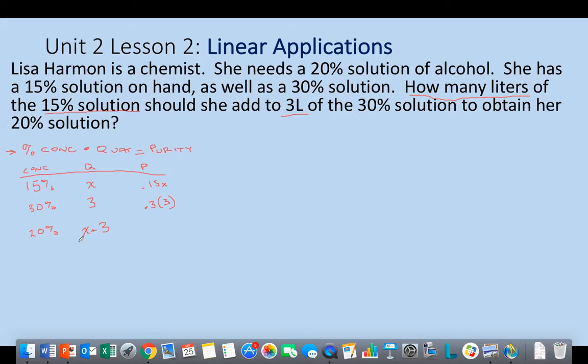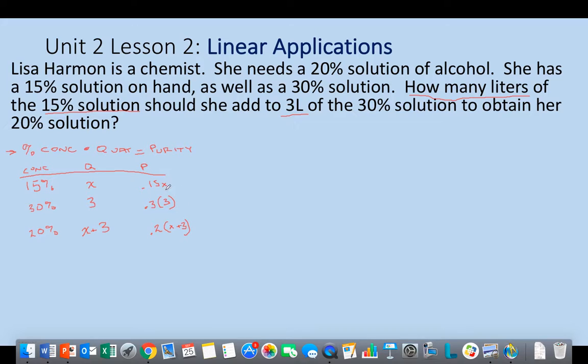And then, of course, down here, I want it to be 20%. So I'm still just doing this times this to get my total purity. So 0.2 times x plus 3. All right, so again, now the tough part is just putting it together to make an equation.